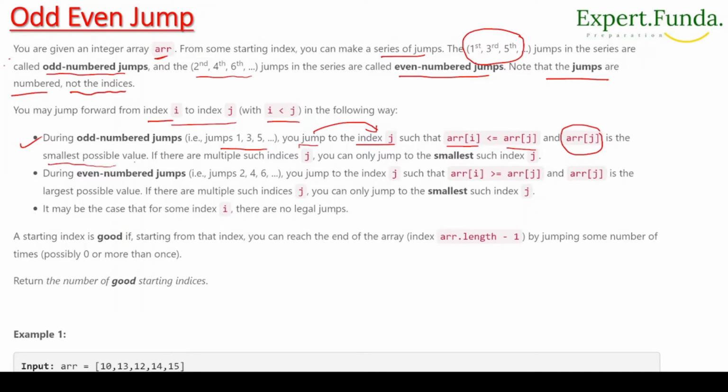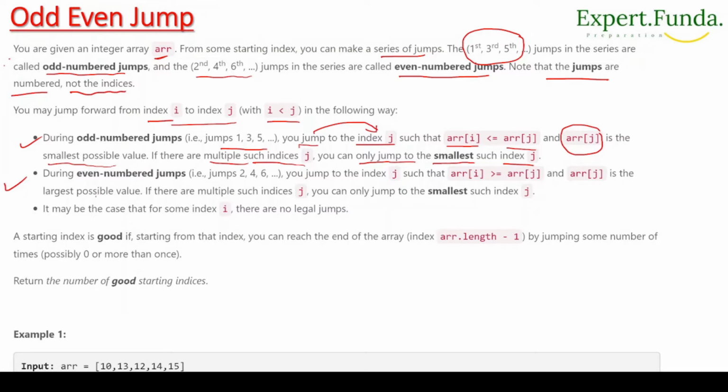If there are multiple such indices, you can jump only to the smallest such index j.